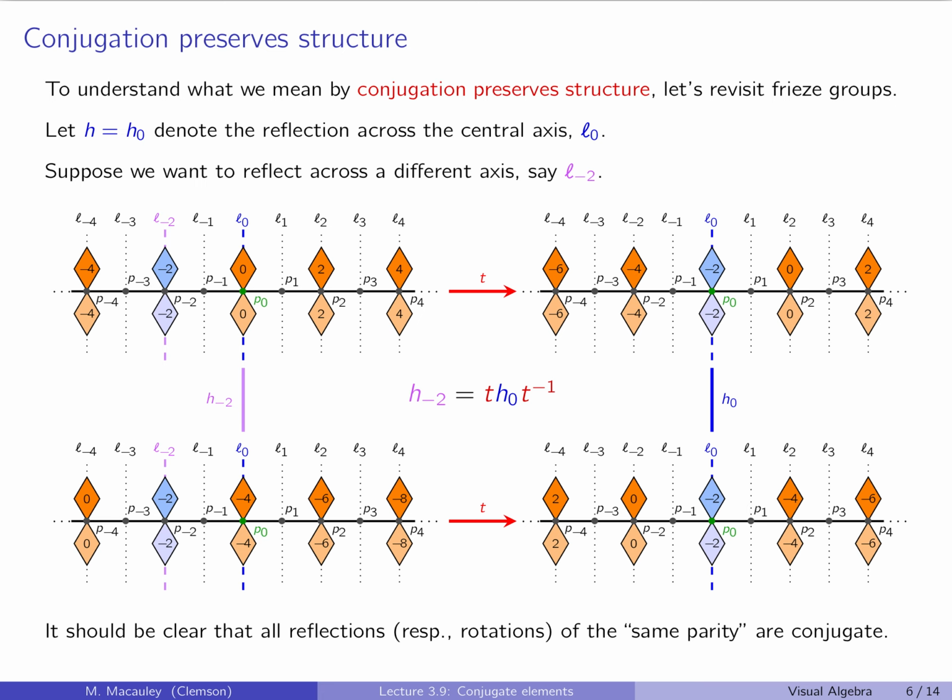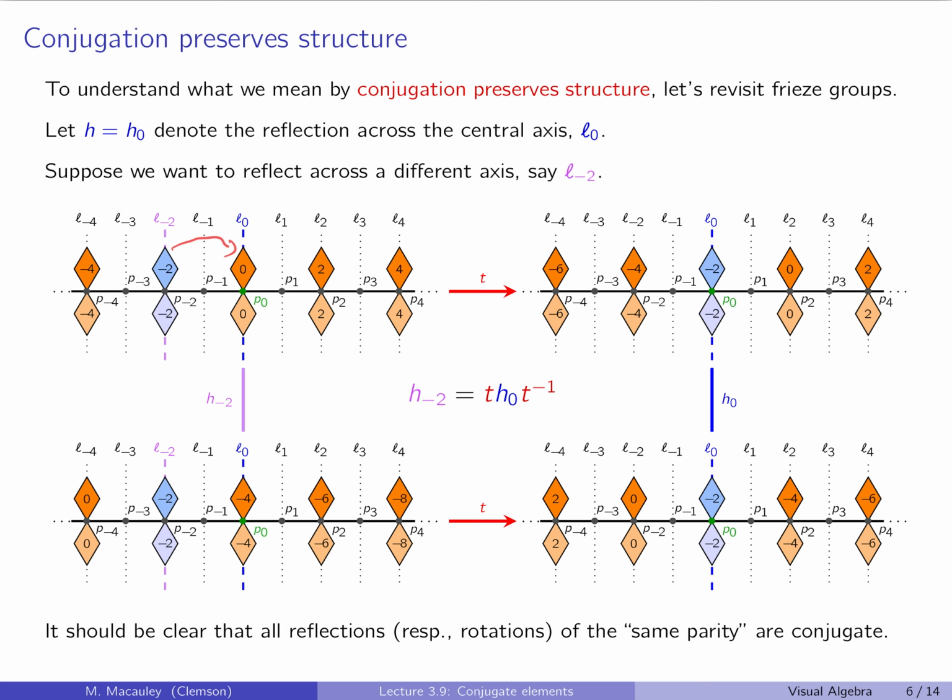Using the generators. Well, we can translate to the right, that is, apply T to bring those diamonds to the central position. Then we apply our reflection, and then we just have to translate them back to where they came from. So we apply T inverse. And the net effect here is that we have just reflected across a different axis.